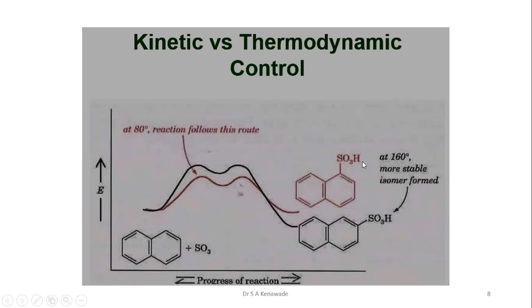Hence, the less stable product will again form the reactant and acquire a higher energy level, shown by black. It will produce the most stable derivative, the beta isomer, which is produced at 160 degrees Celsius.